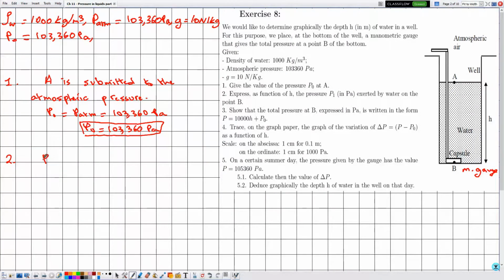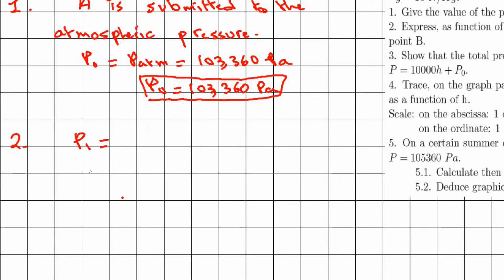So the pressure P1 exerted by water, since it's the pressure due to a liquid, is given by the density of the liquid times g times the depth.